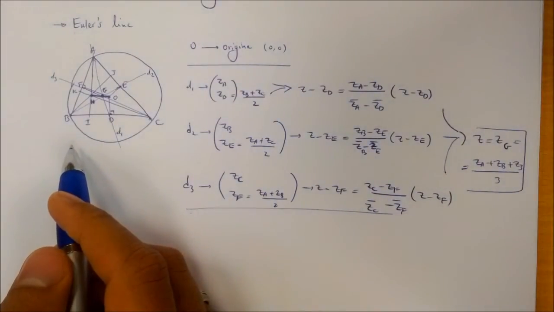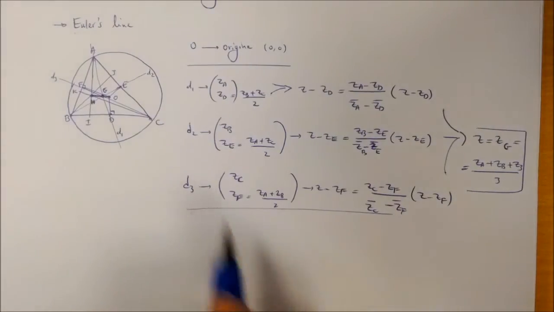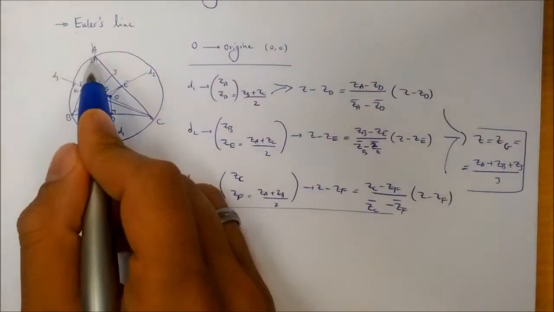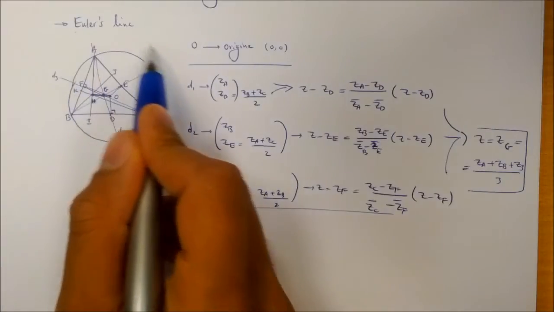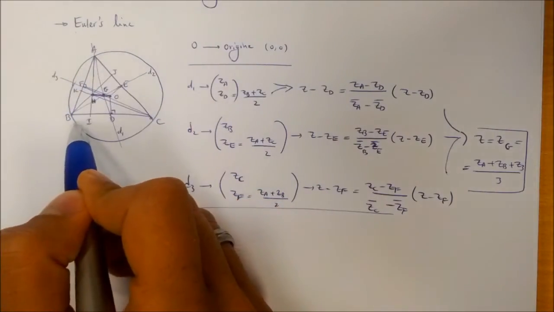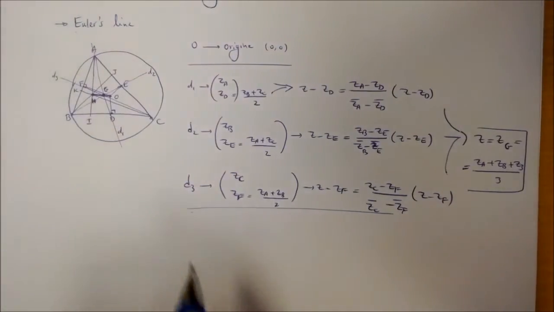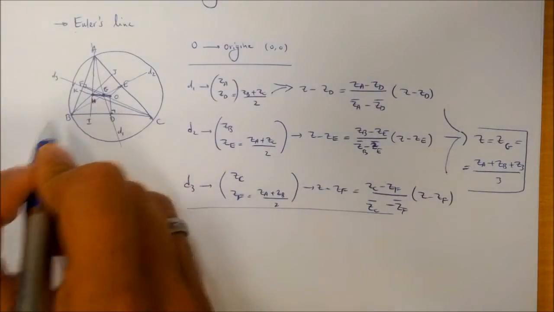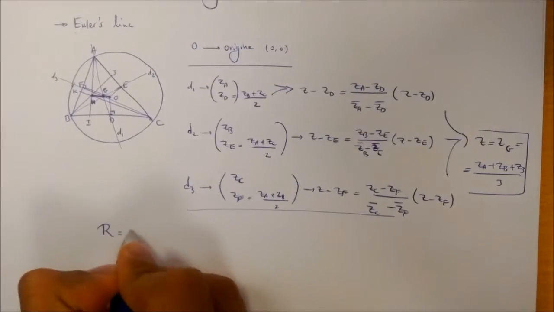To do this, without loss of generality, I consider that the circumscribed circle of the triangle ABC is a unit circle. So the radius of this circle is equal to 1.